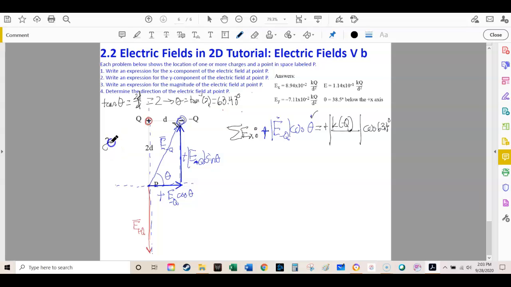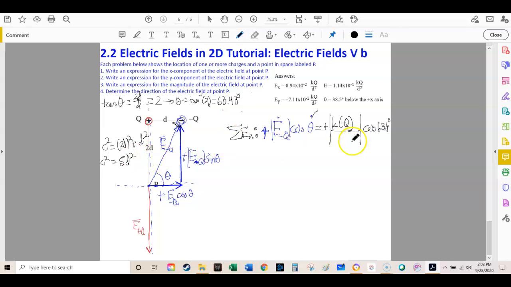So c squared here is the distance between point P to negative q, and that's equal to a squared, which is going to be 2d squared, plus d squared, which is just d squared. So c squared is going to be equal to 4d squared plus 1d squared. That's going to be 5d squared.